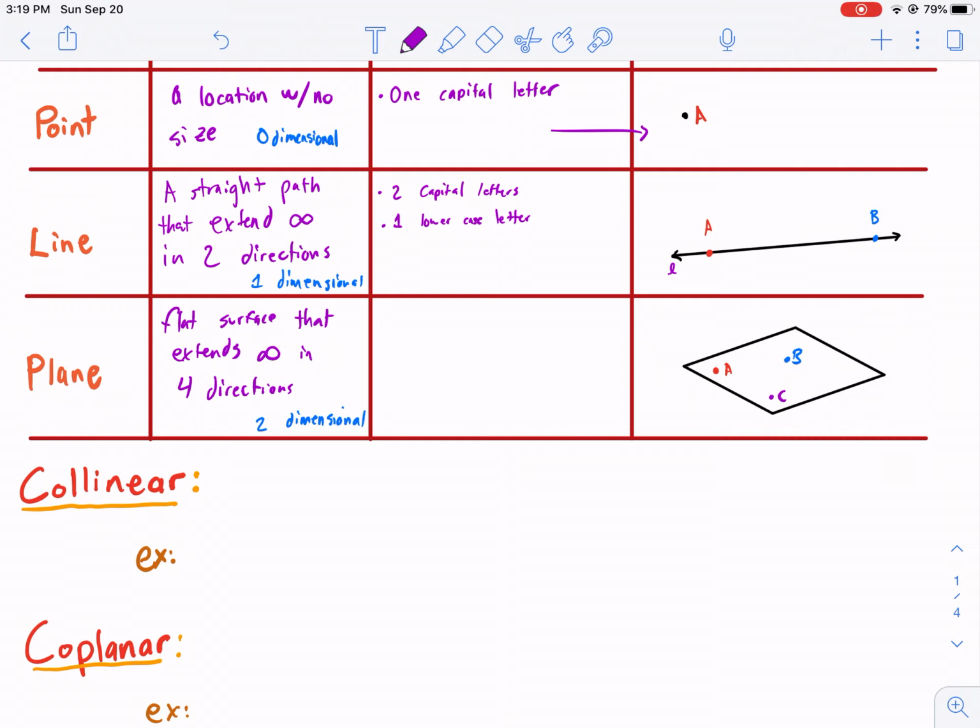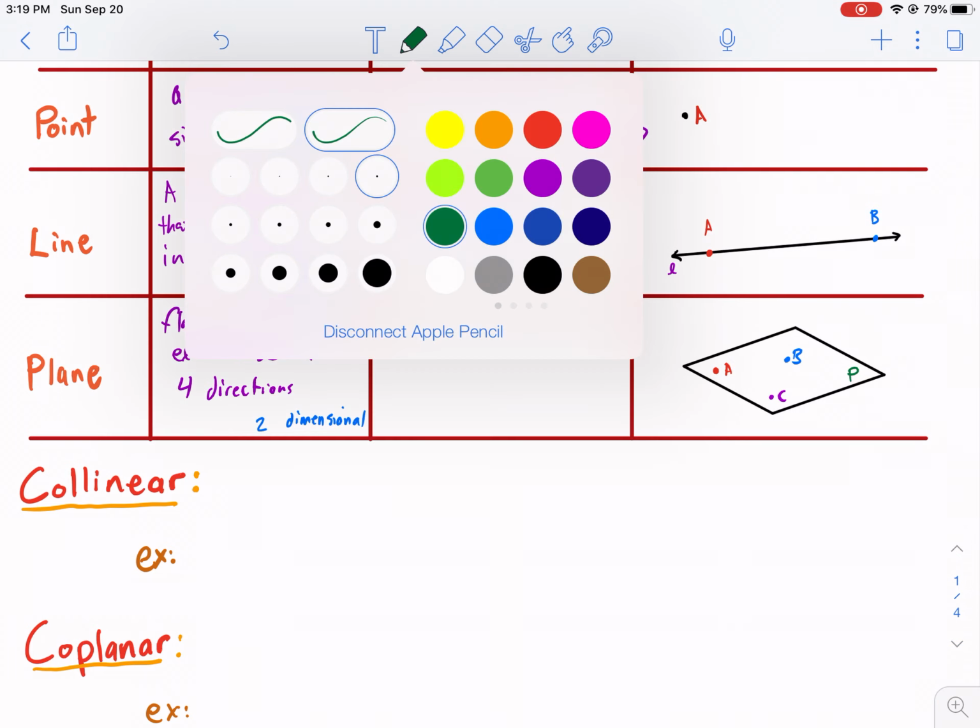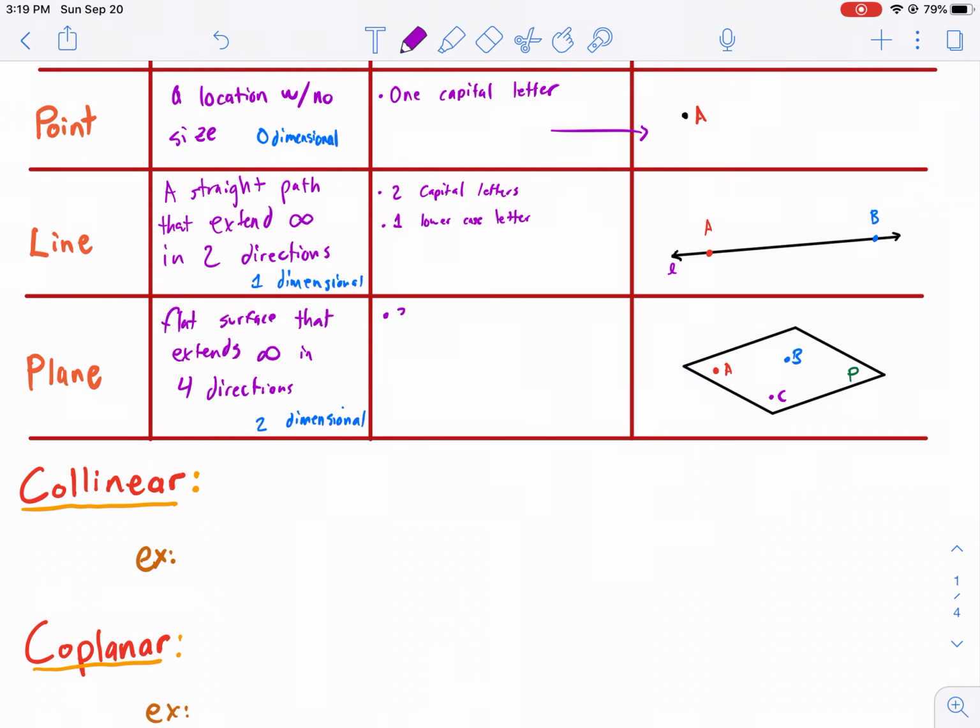I know, very original that I chose A, B, and C, but that is true. Or I can also call it plane P, or some other capital letter. So we have 2 options again. We can say 3 capital letters representing points, or we can use the word plane with a capital letter.